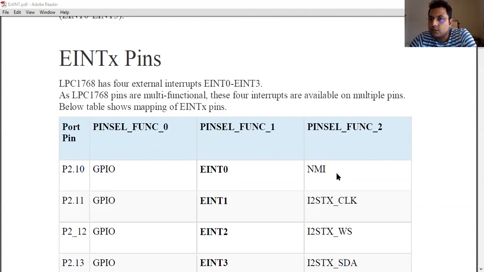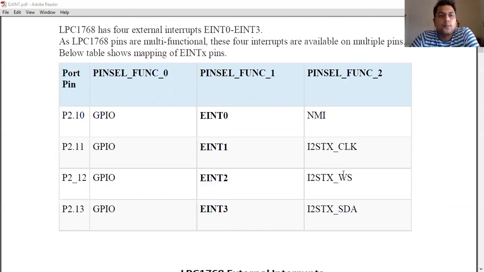These pins we will configure using the pin select registers. Port number 2 will be used for that purpose, and particular pins 10, 11, 12, and 13 are going to be used for external interrupts. As we know, these pins can also be used for GPIO purposes. That is function 0.